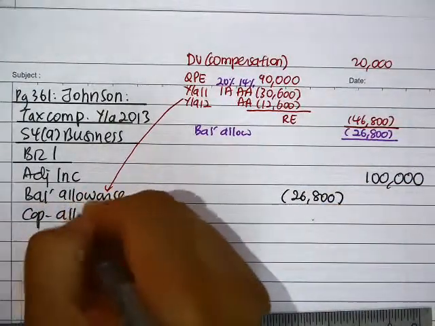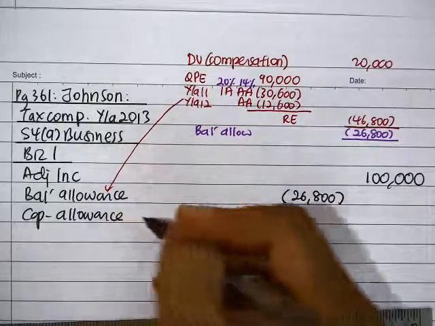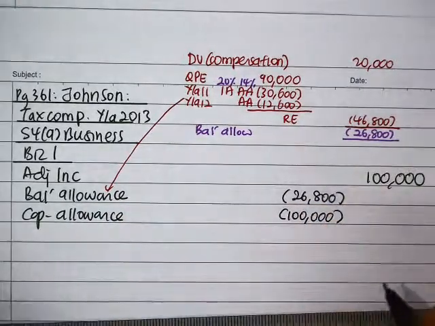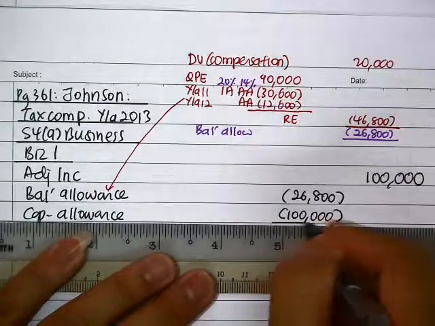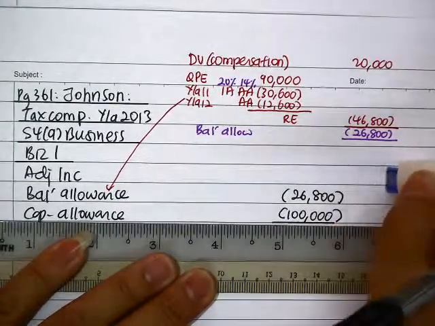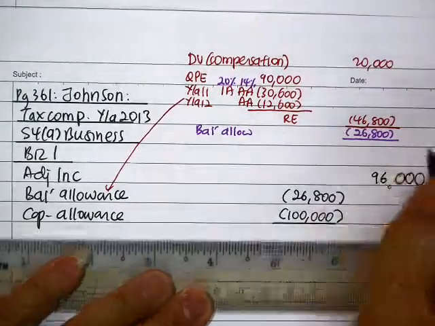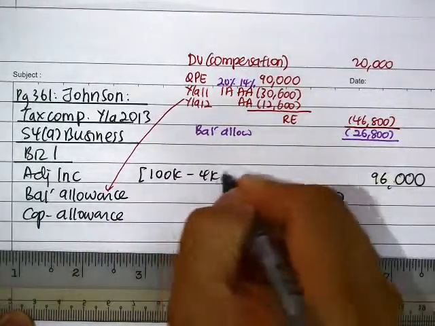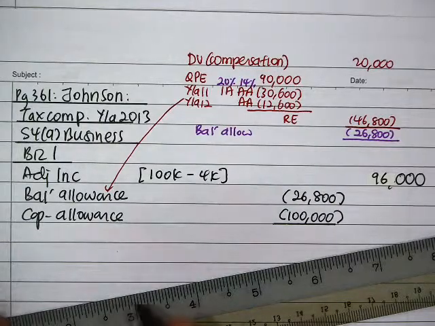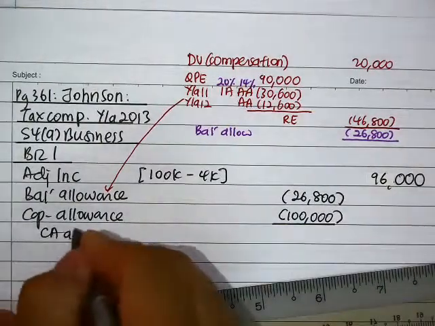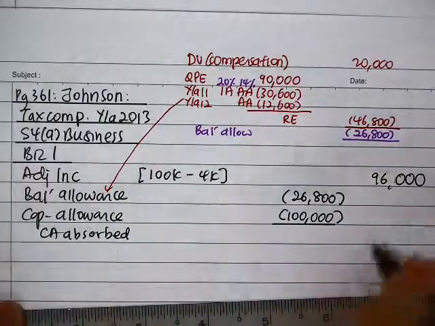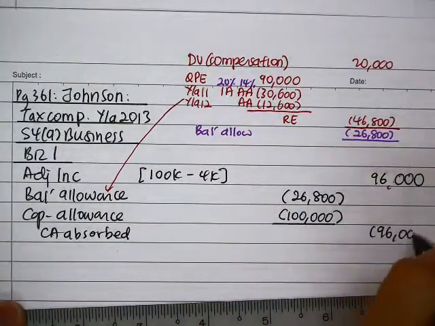Okay, capital allowance 100,000. Sorry, I forgot to remove the interest just now. Sorry, just notice. Okay, 100, take out the interest. Now, so my CA absorb will only be 96.